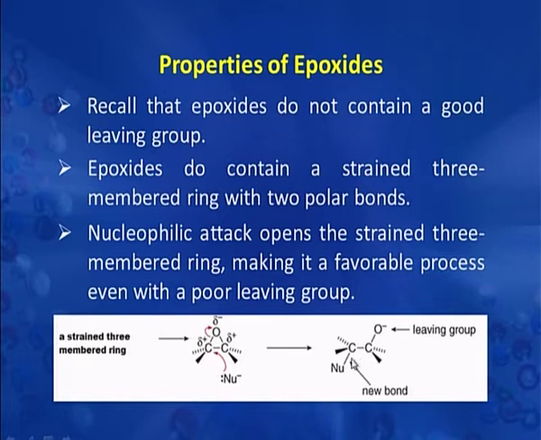The driving force for ring opening is not a good leaving group, but the strain on the three-membered ring. When epoxides are treated with strong nucleophiles or with strong acids like HZ, where Z is a nucleophilic atom, they undergo this ring opening.